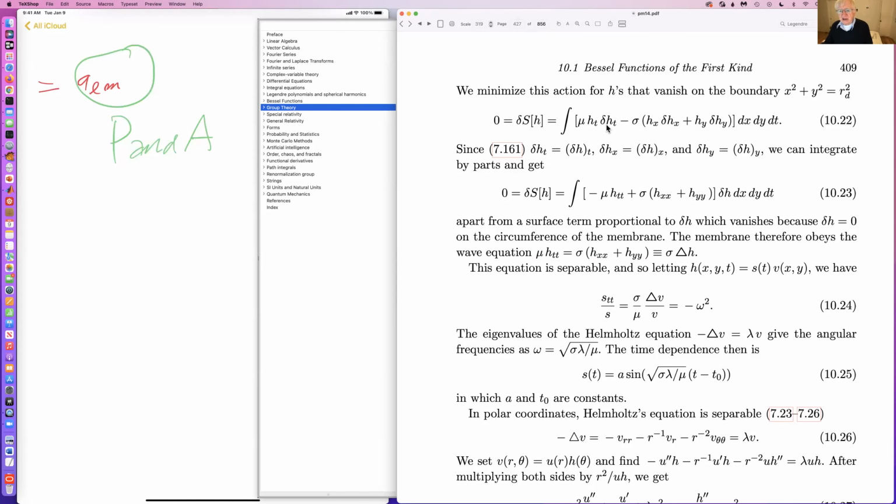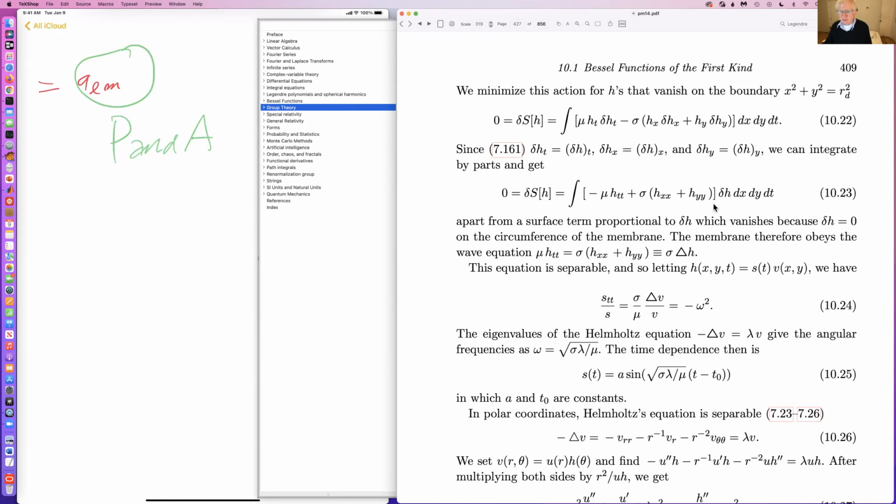Anyhow, the change then in the action is the time derivative times the change in the time derivative minus sigma times the x derivative times the change in the x derivative of h, and so forth. And as usual, the change in the time derivative is the time derivative of the change, and the same thing with x and y.